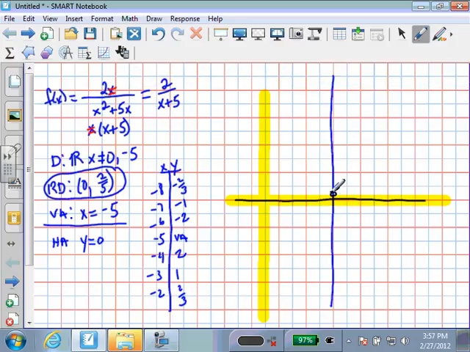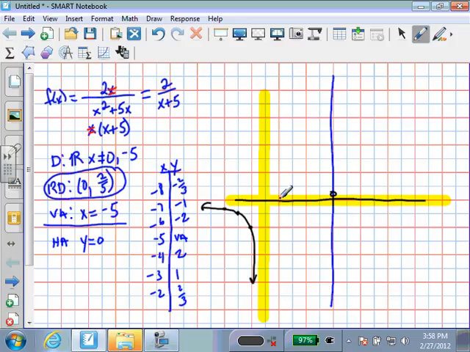The rest of my points look like -8, -2/3, -7, -1. And if I need more, I will go get more. Let's come down on the underside.